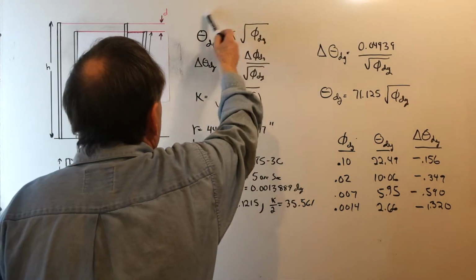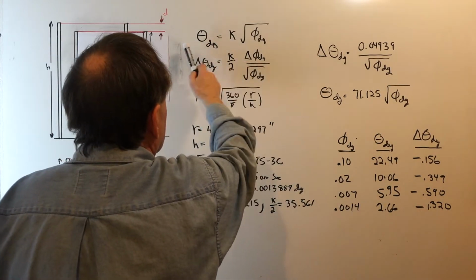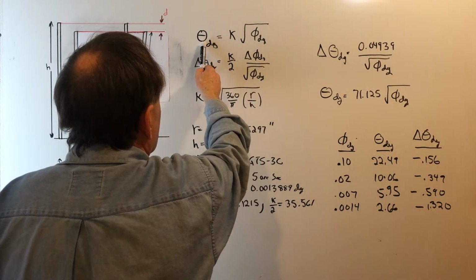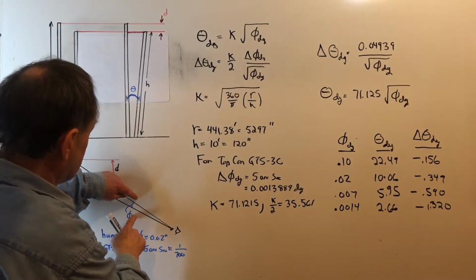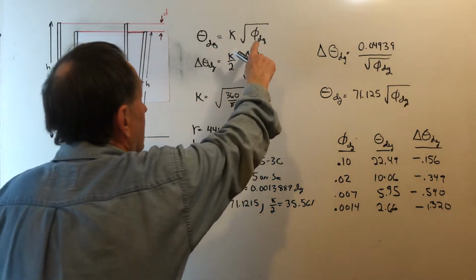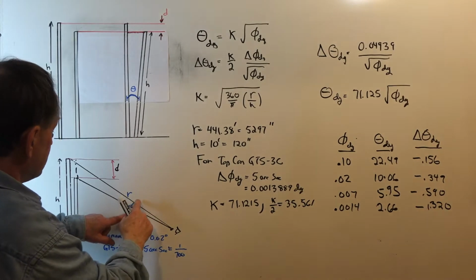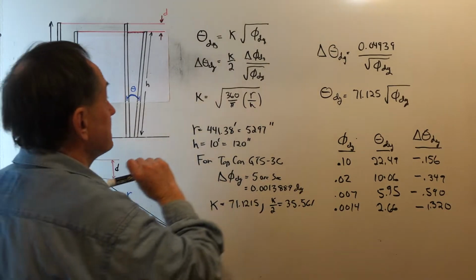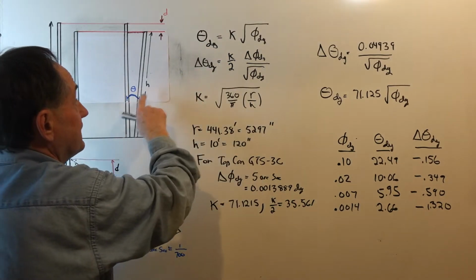Here are the theoretical equations for relating the tilt angle to the perceived angular height difference between the poles, where phi in degrees is the perceived angular height difference of the poles, and theta is the tilt angle in degrees.